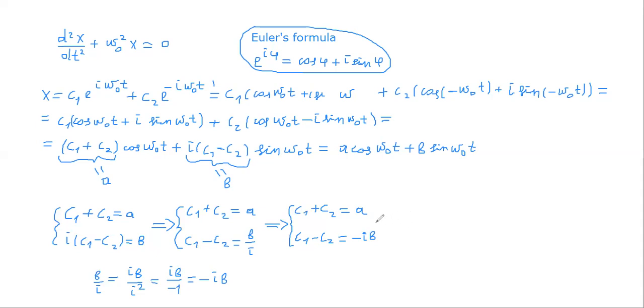For example, we can add these two equations, and we will obtain that 2C1 is equal to A minus IB. But I have made one little mistake.